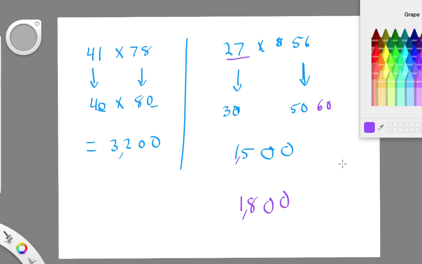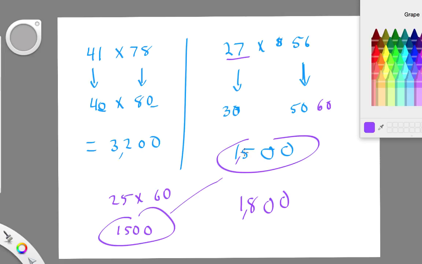Another way would be to round this to 25, and then round this up to 60. But then you're doing 25 times 6. Well, 25 times 4 is $1, so 25 times 6 is $1.50, so that's 150. With 1 zero, so that's 1,500 again. That's the same estimate as I got over here.